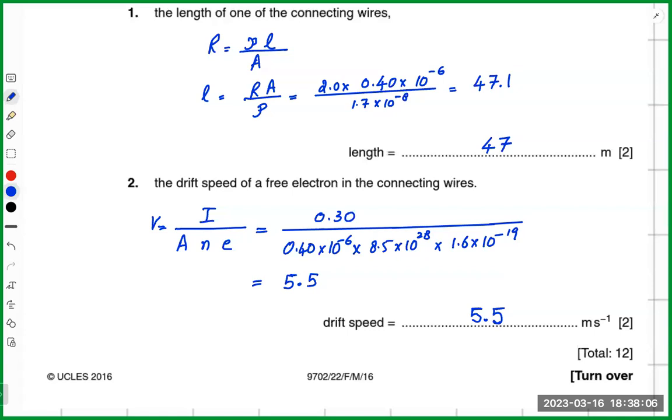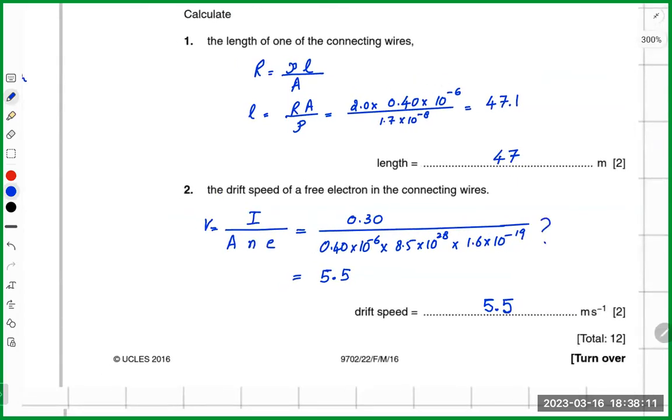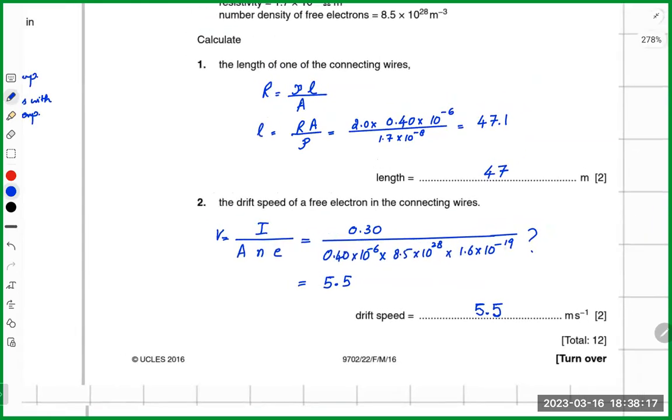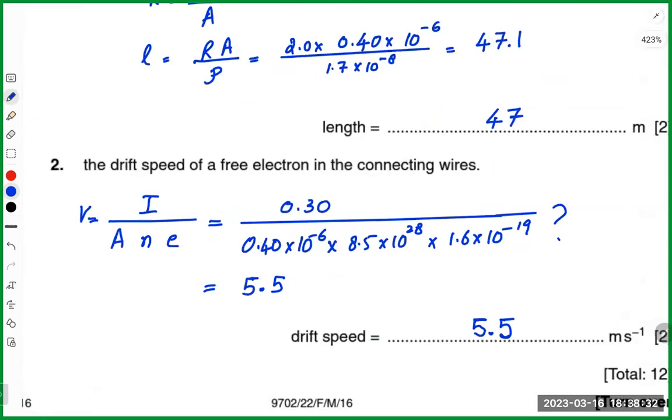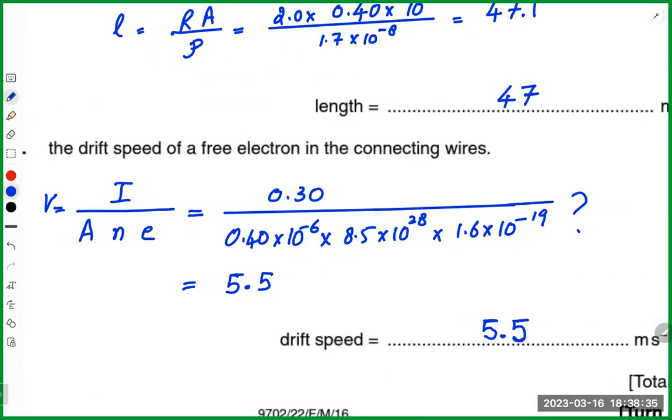Just check it with the calculator. Minus 6 minus 19 is minus 25, plus 10 to the power 3 is in the denominator. I also get 5.5 into 10 to the power minus 5. Soban, just replicate the whole calculation in your calculator in one go. Do not do any stepwise calculation.